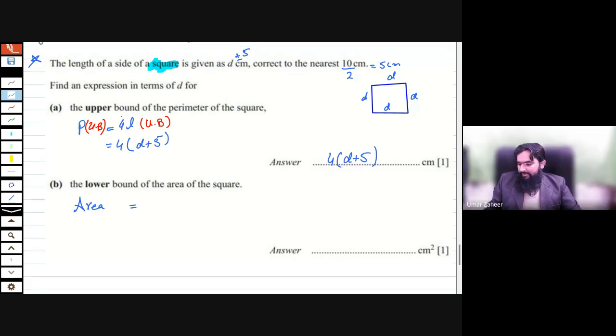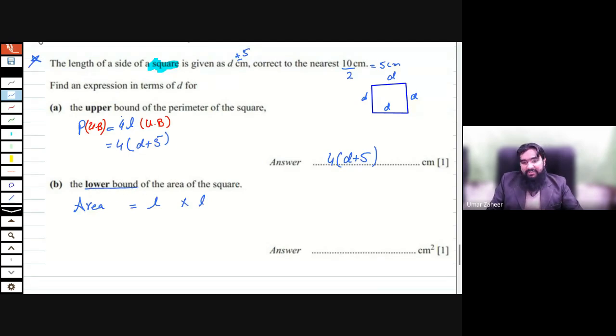Length into length means length square, right? Or you can write it as length into length. That's good as well.